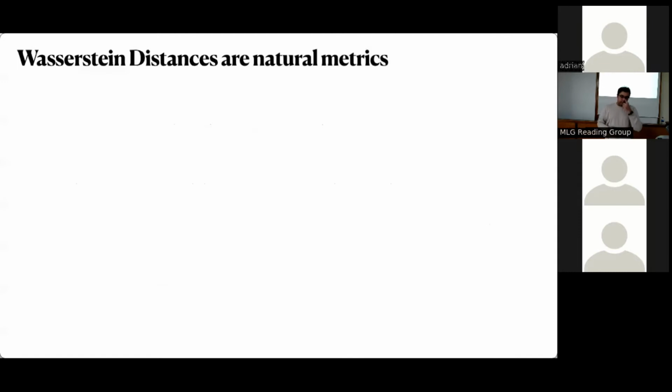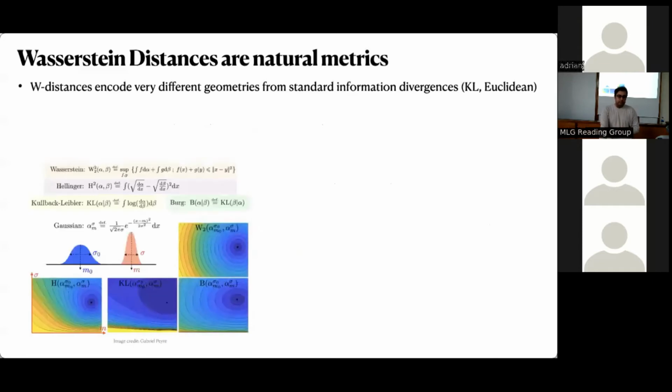So the good thing now is, once you've gone through all this mathematical machinery and you've obtained what Wasserstein distances are, they end up being very natural metrics to compare between two probability distributions. They encode very different geometries from what you'd have if you were using standard information divergences, like KL divergence or Euclidean distance or the Hellinger distance and so on.